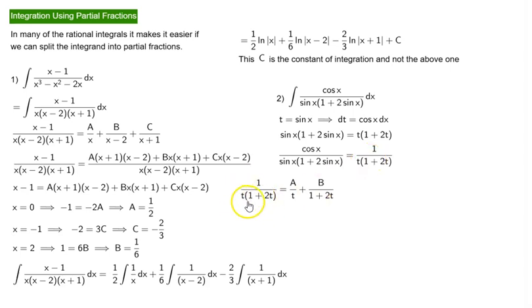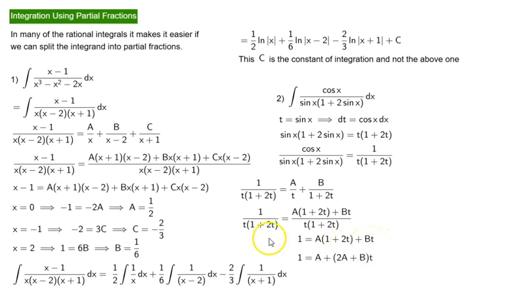So 1 by t times (1 plus 2t) is equal to a by t plus b by (1 plus 2t). Combining these two terms, we get a times (1 plus 2t) plus bt divided by t times (1 plus 2t). Again, denominators cancel out and we are left with 1 is equal to a times (1 plus 2t) plus bt.